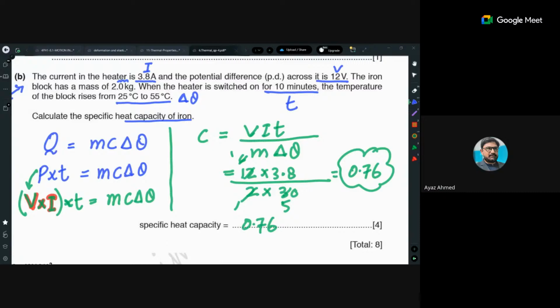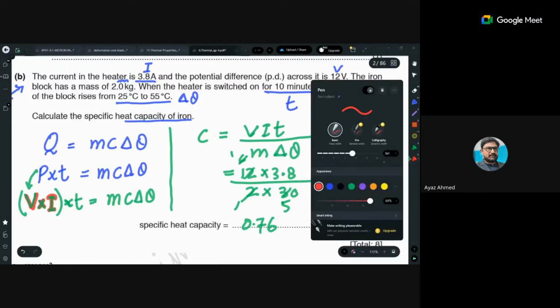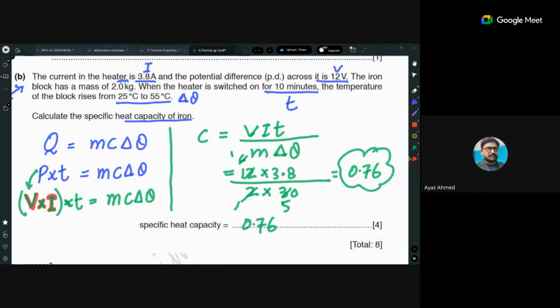Wait. We made a mistake. You know what mistake there is? We did not take care of time. Time was also given here. It was 10 minutes, so we have to convert it to seconds.